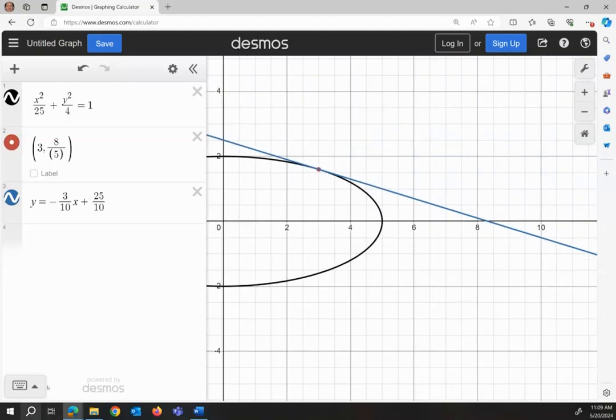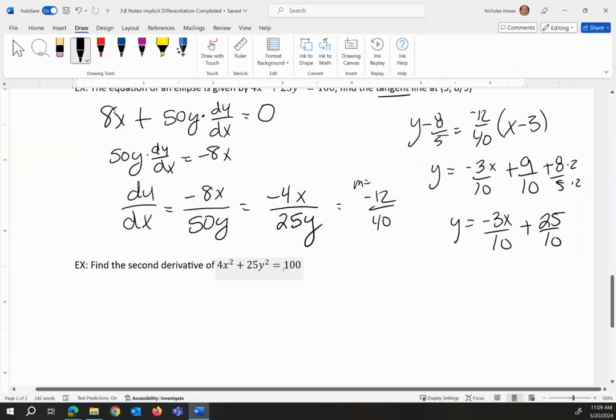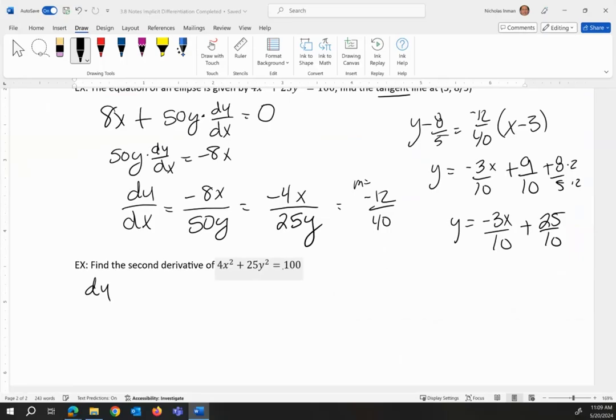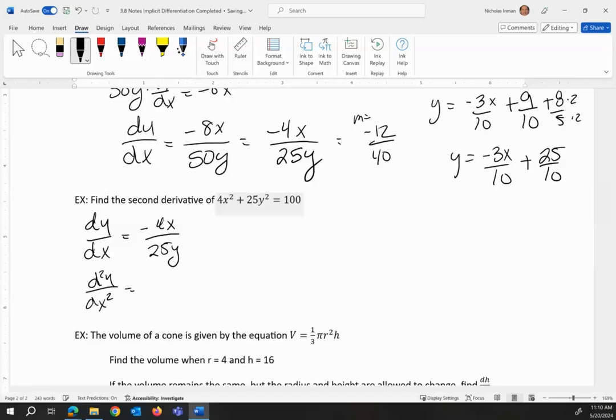All right, do we have any more examples here in our implicit differentiation? Second derivative. Okay, so we had our first derivative was -4x over 25y. To do the second derivative, to take the derivative of a derivative, well, we do the quotient rule. The derivative of the top times the bottom left alone minus the derivative of the bottom, 25y, would be 25y prime, times the top left alone, over the bottom squared.